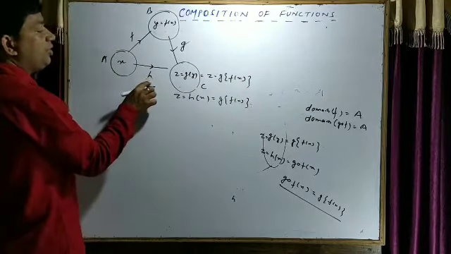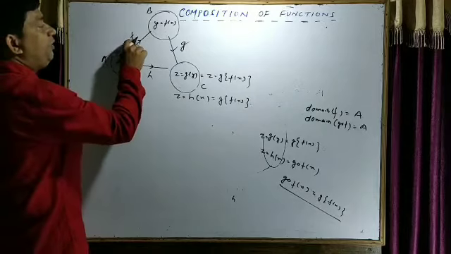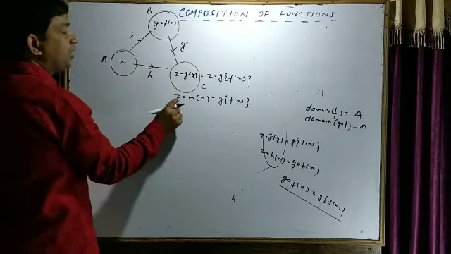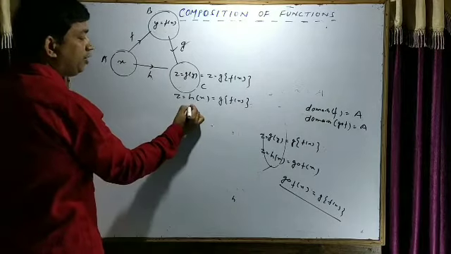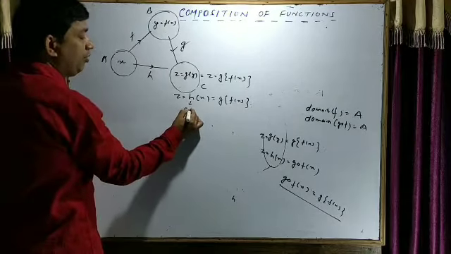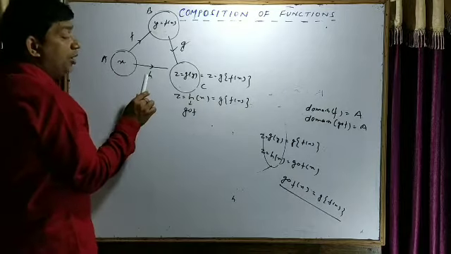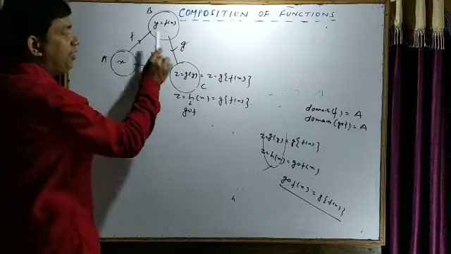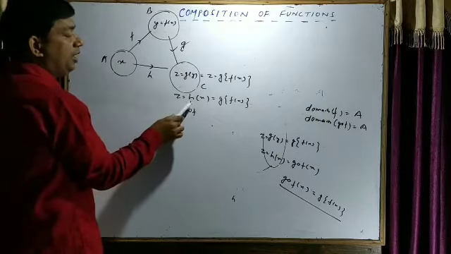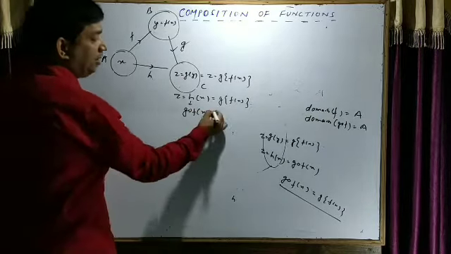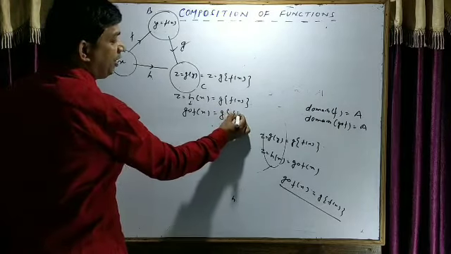See, both have z. And this h means A to B, f is there, B to C, g is there. So A to C, that is h. So in place of h, we write g o f. h is a composition of f and g. So g o f of x equals g of f of x.